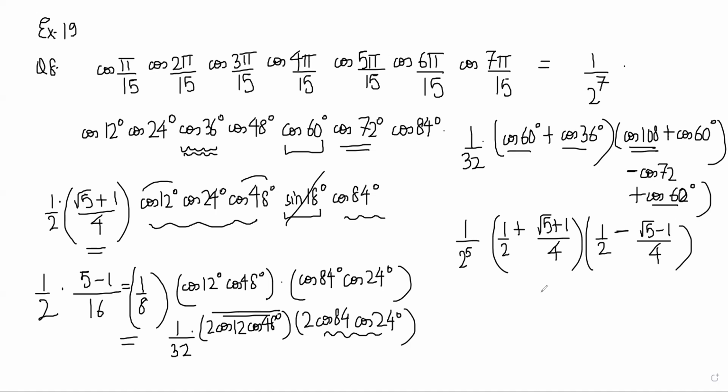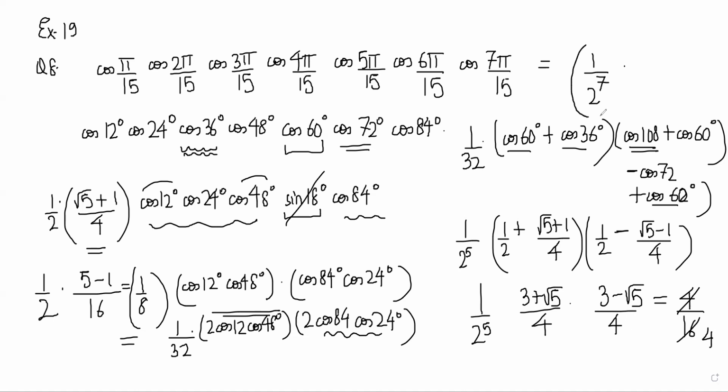If you take common denominator 4 and 4, you get on top 2 plus, so it is 3 plus root 5 by 4. And here it is 2 minus root 5 plus 1, so 3 minus root 5. And the top part will multiply and rationalize. You'll get 9 minus 5, 4 by 16. And you have outside 1 by 2 power 5. So overall it is becoming 1 by 2 power 7.